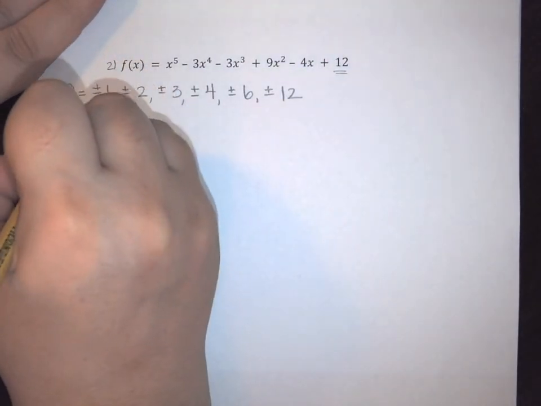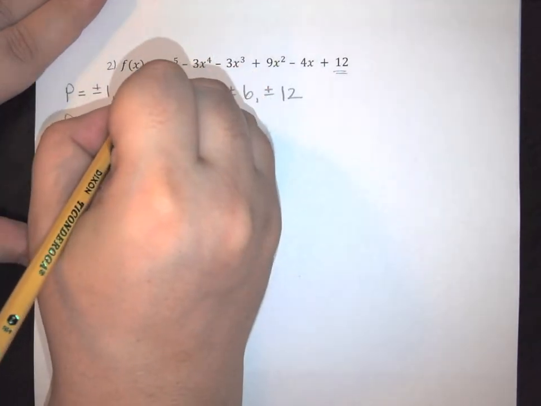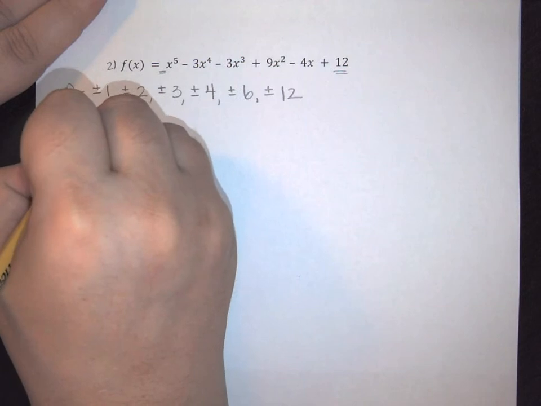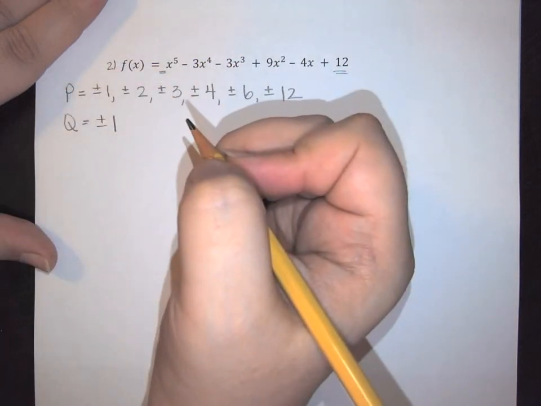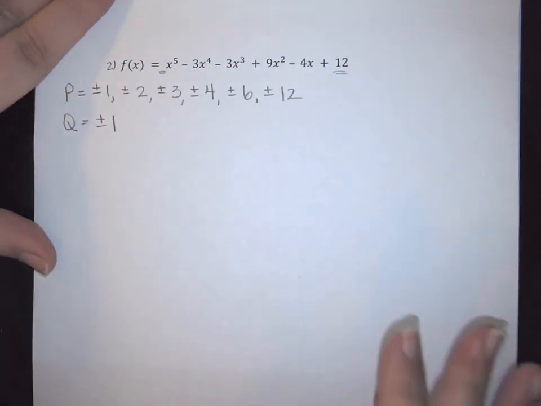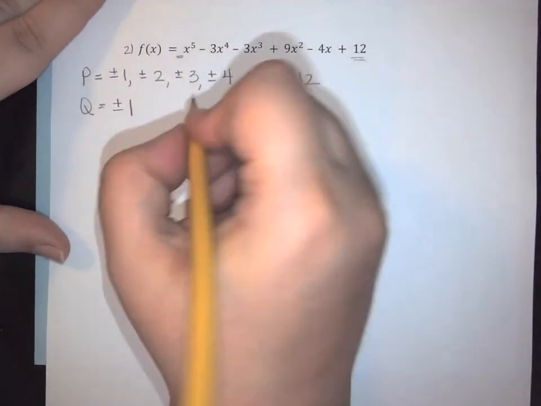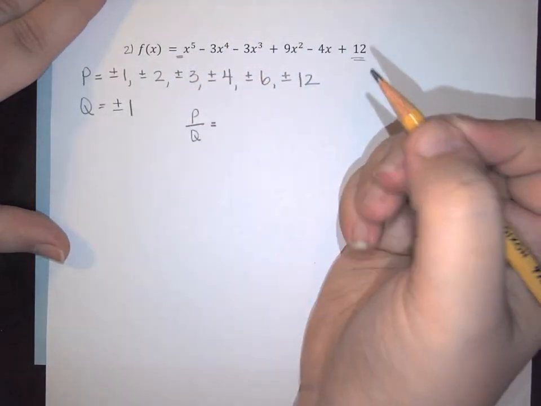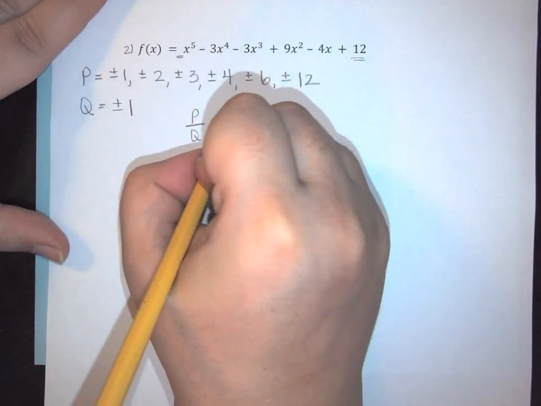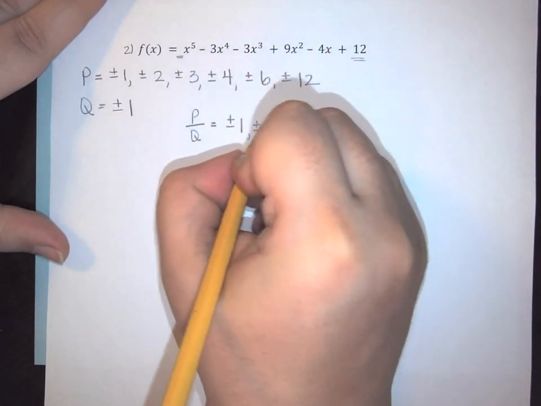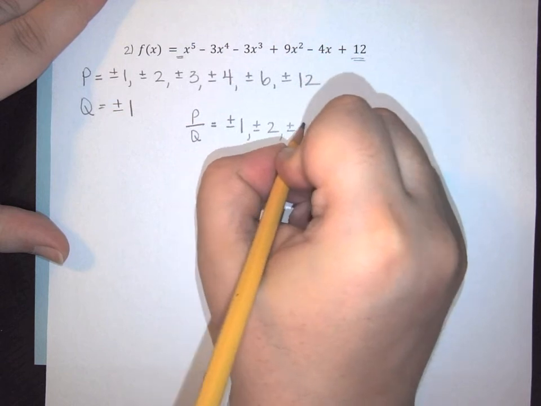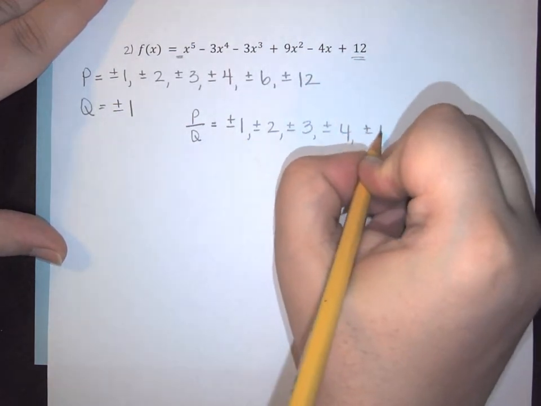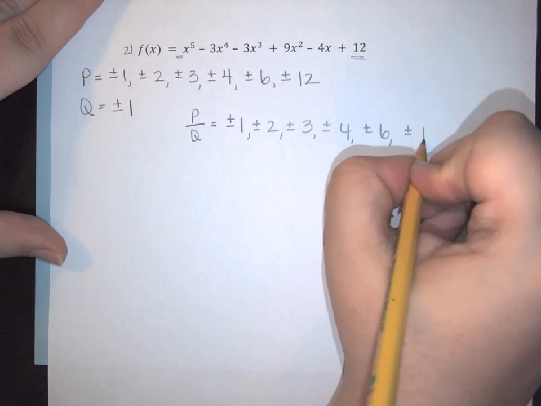And then I have my q, which comes from the coefficient of my leading term, which is plus or minus 1. So when we look at p over q, essentially it's going to be the same as p. Plus or minus 1, 2, 3, 4, 6, and 12.